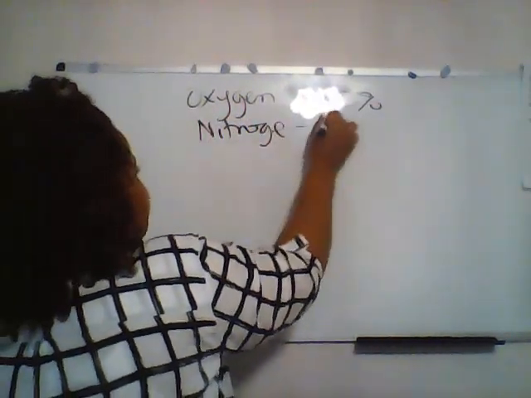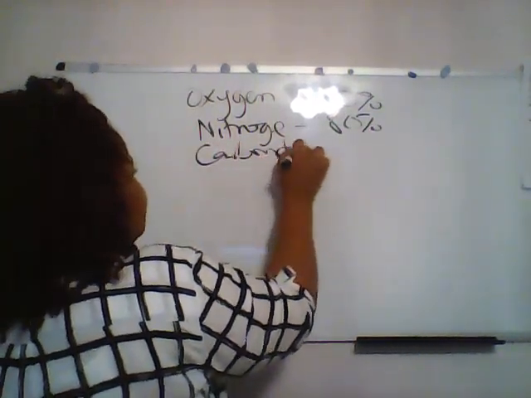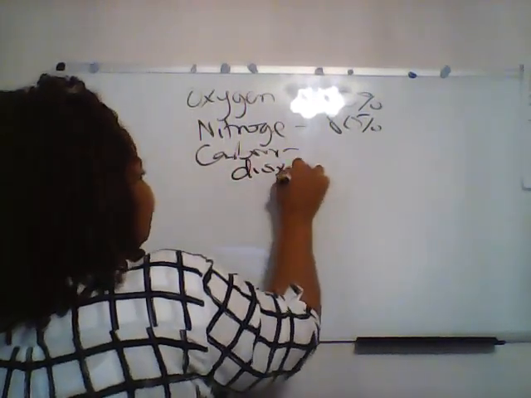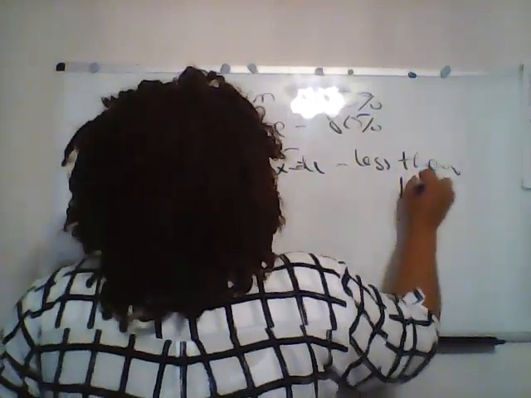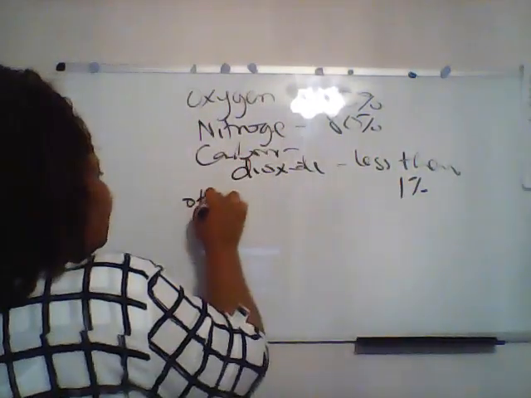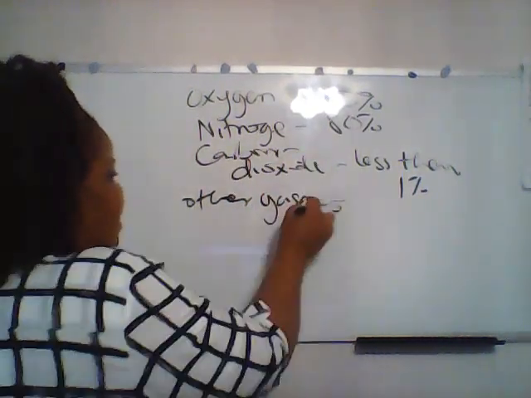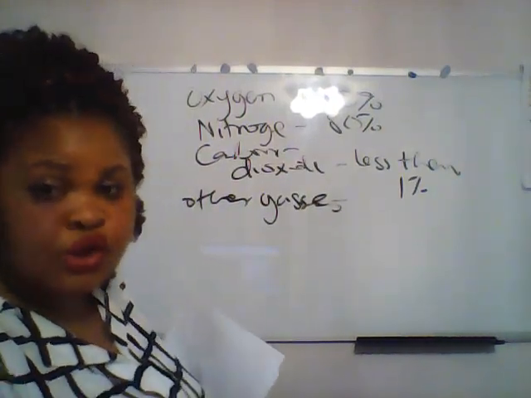Nitrogen is 80%, carbon dioxide is less than 1%, and you have other gases as well in today's atmosphere. However, in the beginning, it was not so.